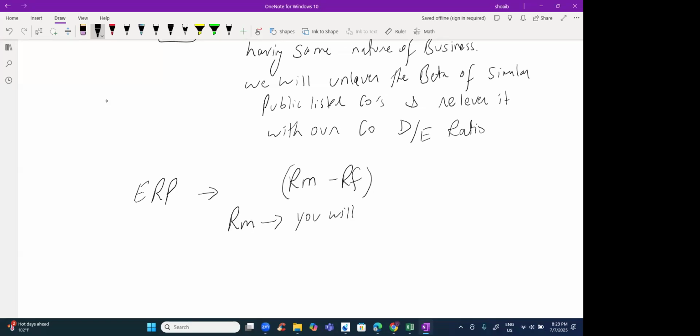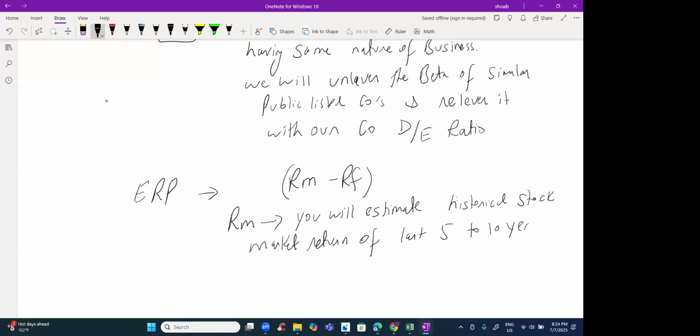You will estimate the historical stock market return of like last 5 to 10 years.